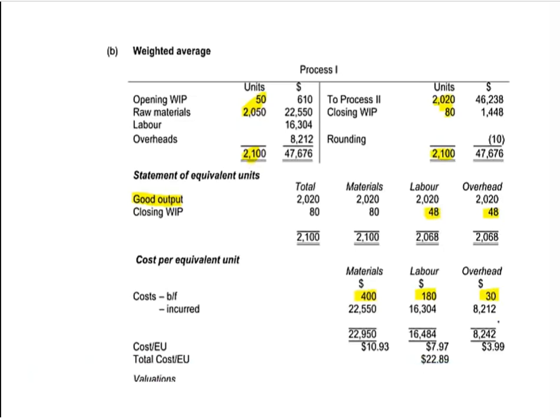So when we're doing the cost per equivalent unit for materials, we're taking the 22,950, the costs brought forward and those incurred, and dividing those by the 2,100 units, and that gives us our 10.93.